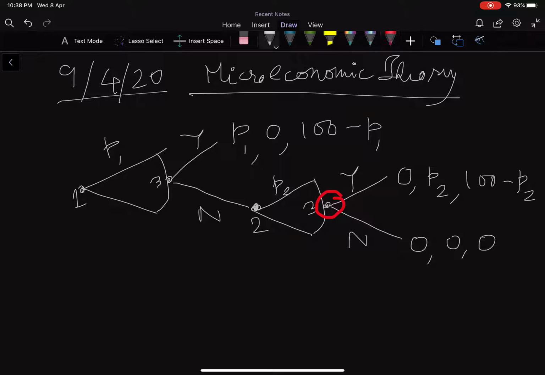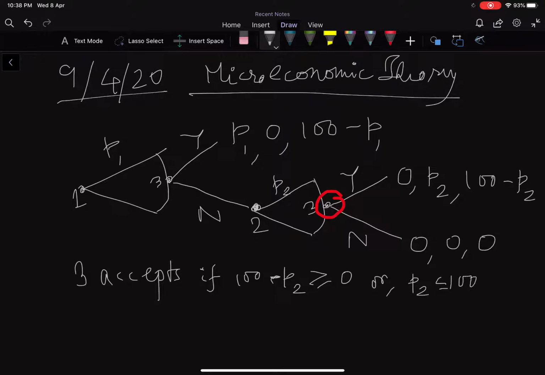So we write that 3 accepts if 100 minus P2 is greater than or equal to 0, or P2 is less than or equal to 100. Okay, so that's player 3's strategy at this node.